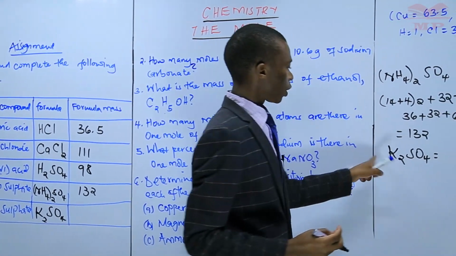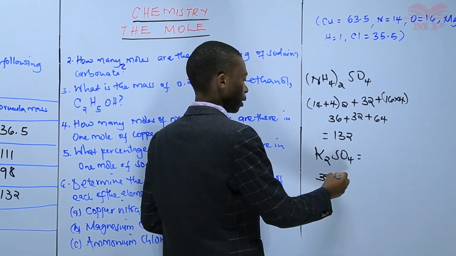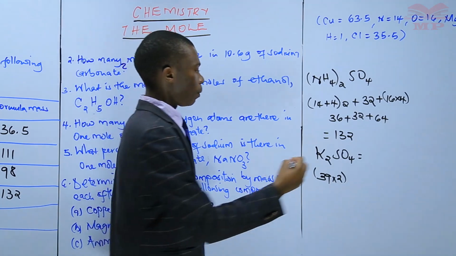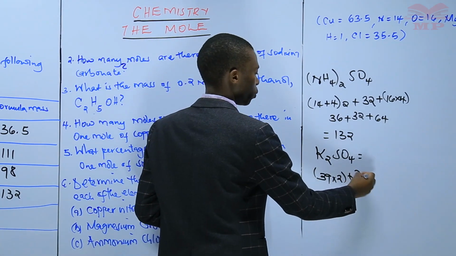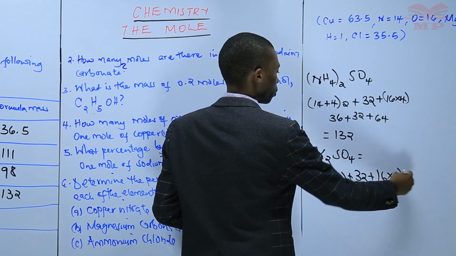Therefore, the mass of potassium is 39, and there are 2 atoms. Therefore, 39 times 2. Then plus the mass of sulfur, which is 32. Then plus the mass of oxygen, which is 16, and there are 4 atoms.